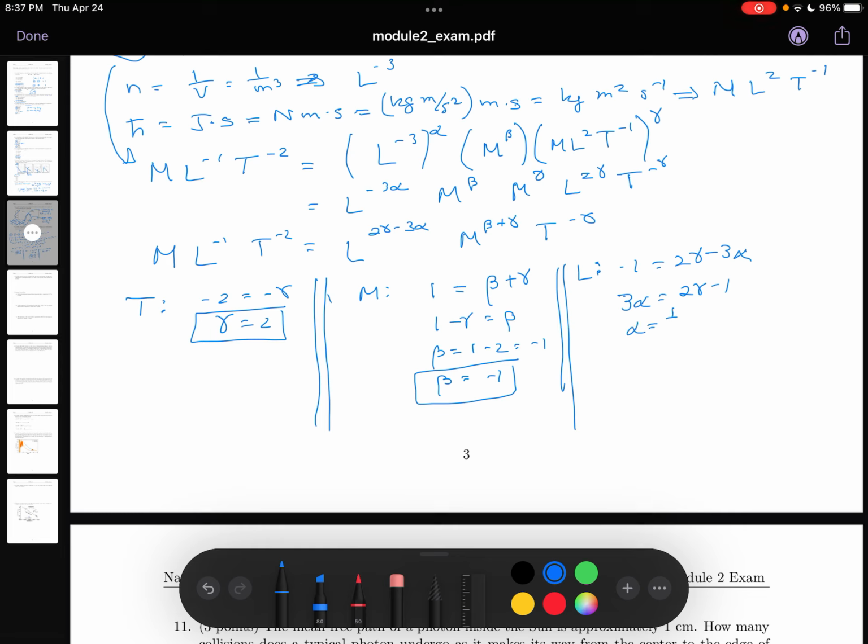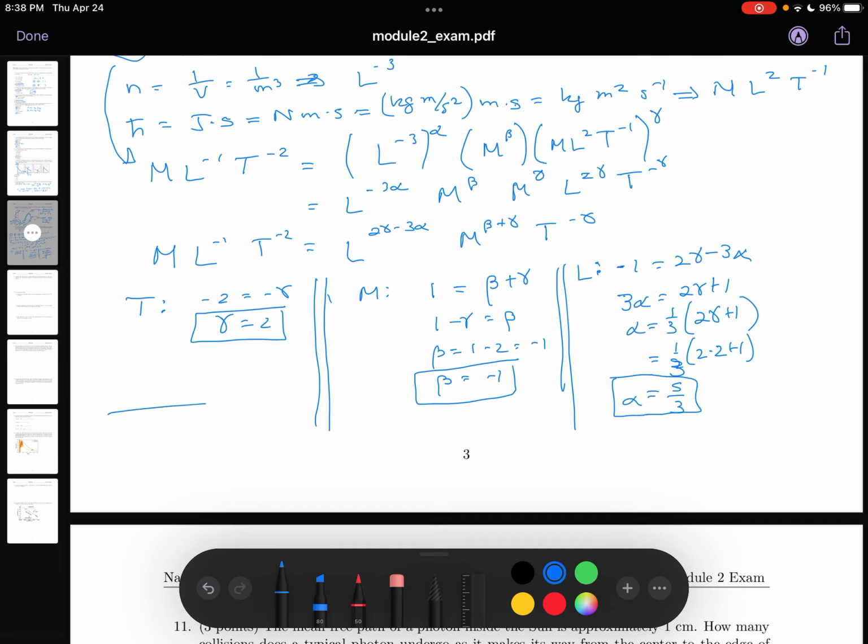Alpha is 1/3 times (2 gamma minus 1). Gamma is 2, which we learned from the time. So 2 times 2 minus 1. Did I do that right? Oh, this is a -1. So negative, negative, so this is a plus. And this is a 3. So we get 5/3.